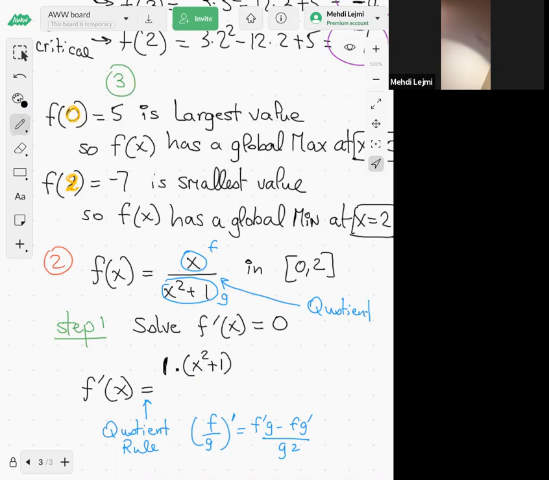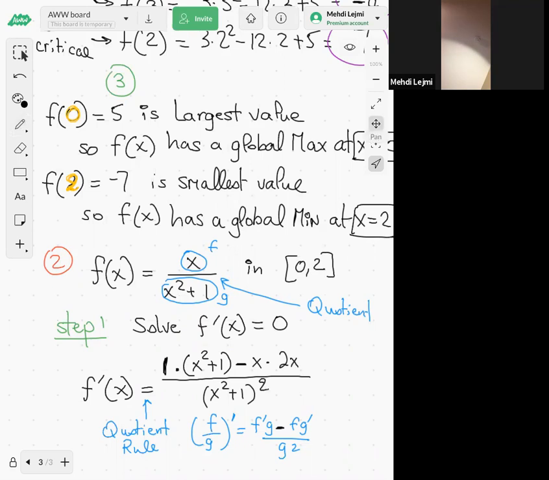There's the minus, f, which is the top, it's x, times g prime, the derivative of the denominator. So derivative of x squared is 2x, plus derivative of 1, it's a constant by itself, so it's just 0. So it's just times 2x, over g squared, the square of x squared plus 1.